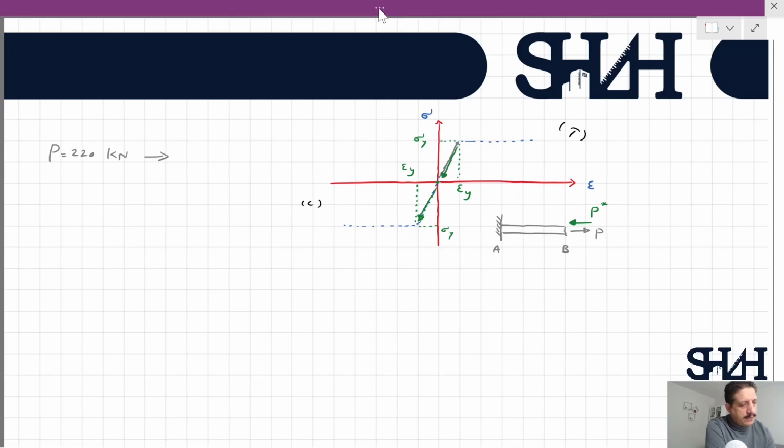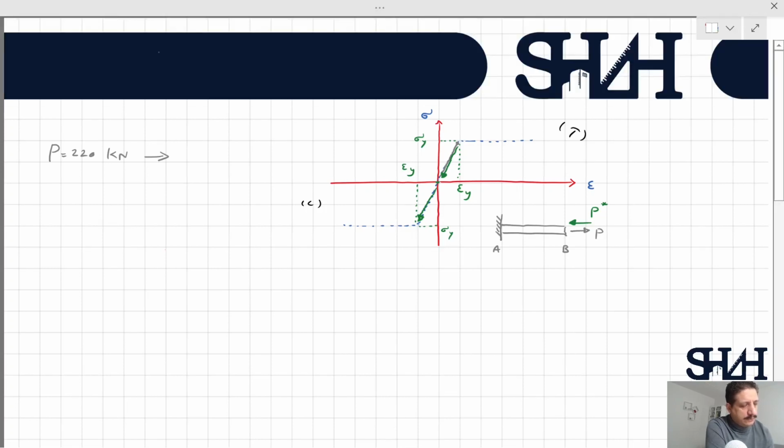So let's have some numbers before we continue for the question. Sigma y is 180 megapascal and epsilon y is 0.0018. The same is for the compression side. Now we apply the load. And in here we can say that for this example with diameter of 30 millimeter, the maximum force or the F in the yielding point was 127 kilonewton.